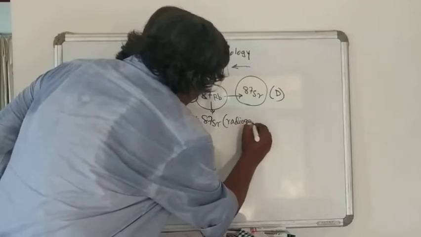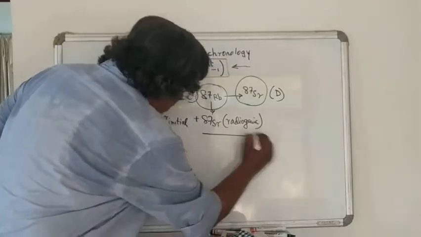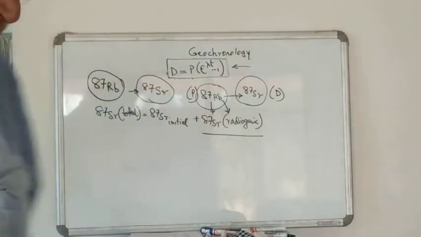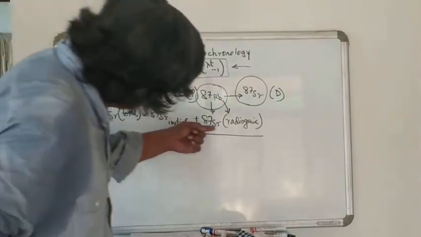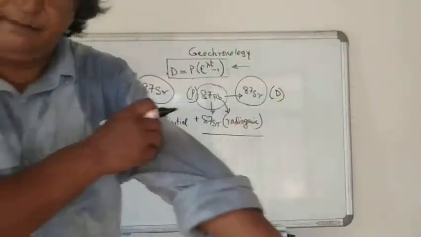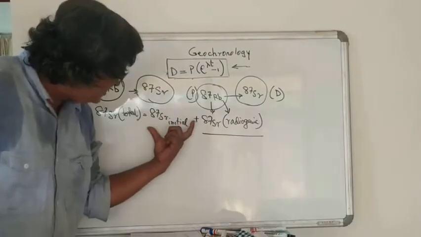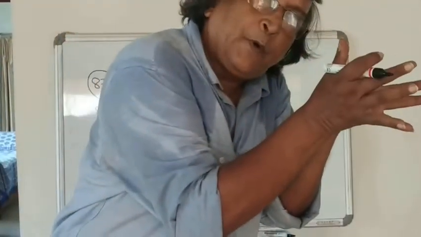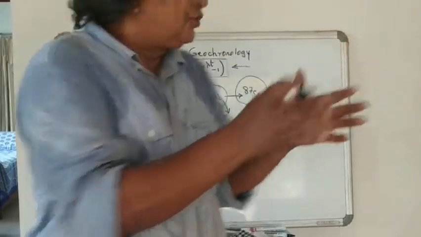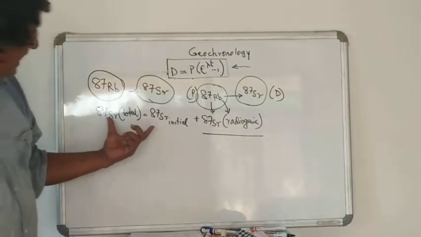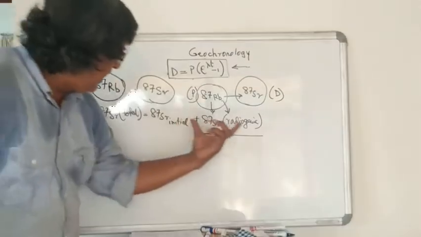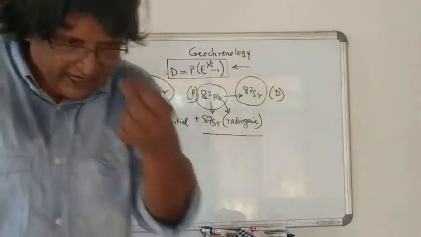Have you understood? So this strontium was produced from 87 rubidium. Over time, the amount of strontium increased. But there was an 87 strontium initial, which a system or an Earth or something that you want to take was incorporated already.